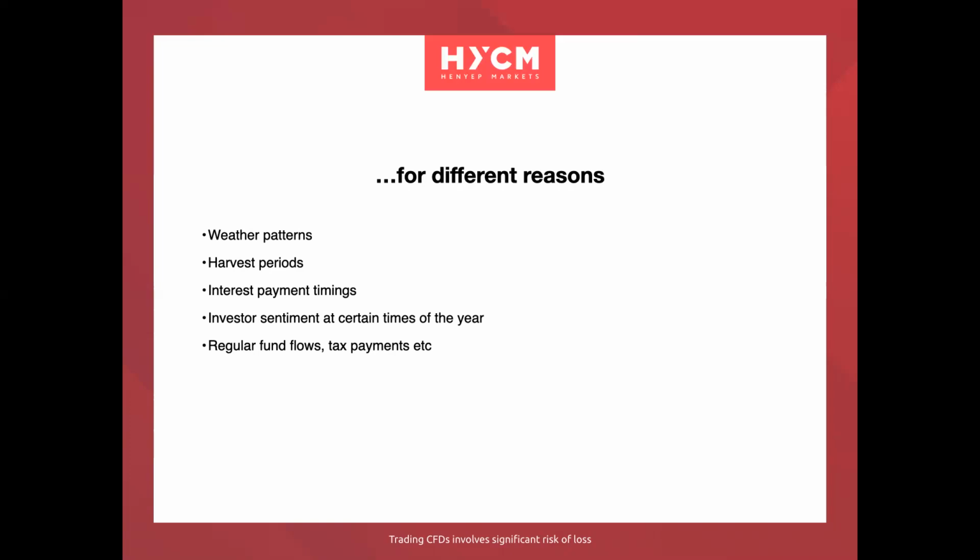You also have things like regular fund flows and tax payments. For instance, there was a trade that I took at the end of this year, which I'll run through with you, when heavy dollar selling was expected in the market because the US was expected to have a slower recovery than the rest of the world.